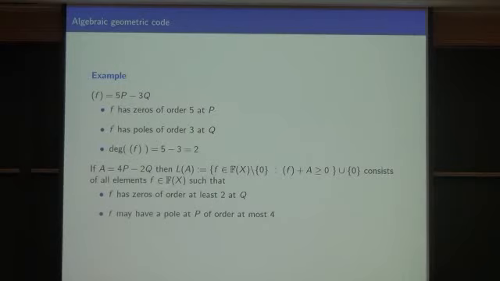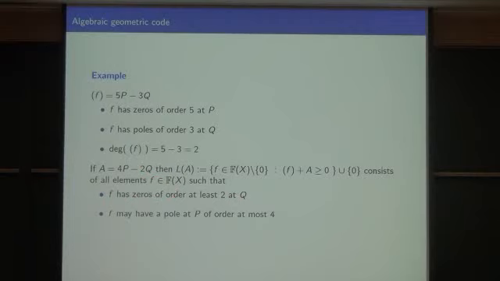For the Riemann-Roch space, for instance, if A is 4p minus 2q, I want to find out what the Riemann-Roch space is. The divisor of f plus A must be non-negative. A divisor is non-negative when the coefficients of all the points are non-negative. So when A is 4p minus 2q, f must have a zero of order at least 2 at q, in order to be non-negative.